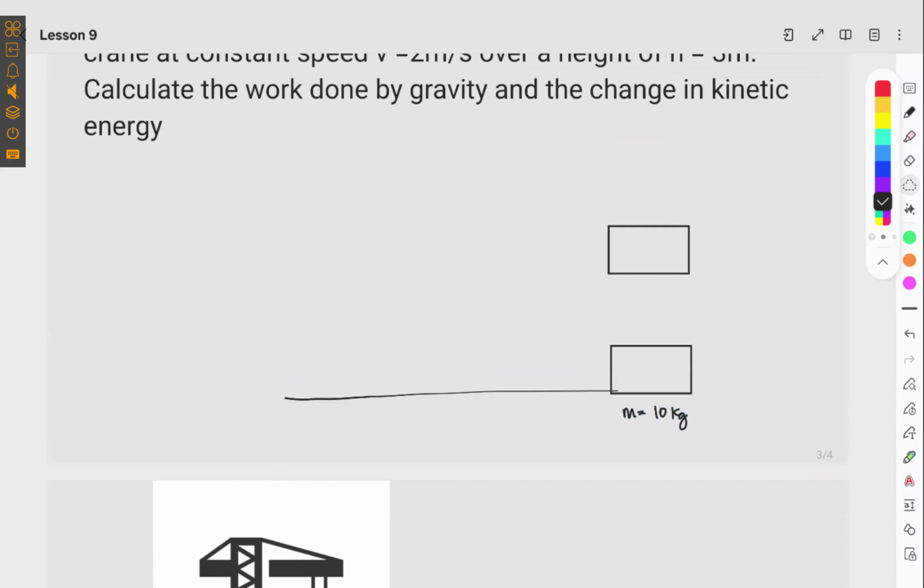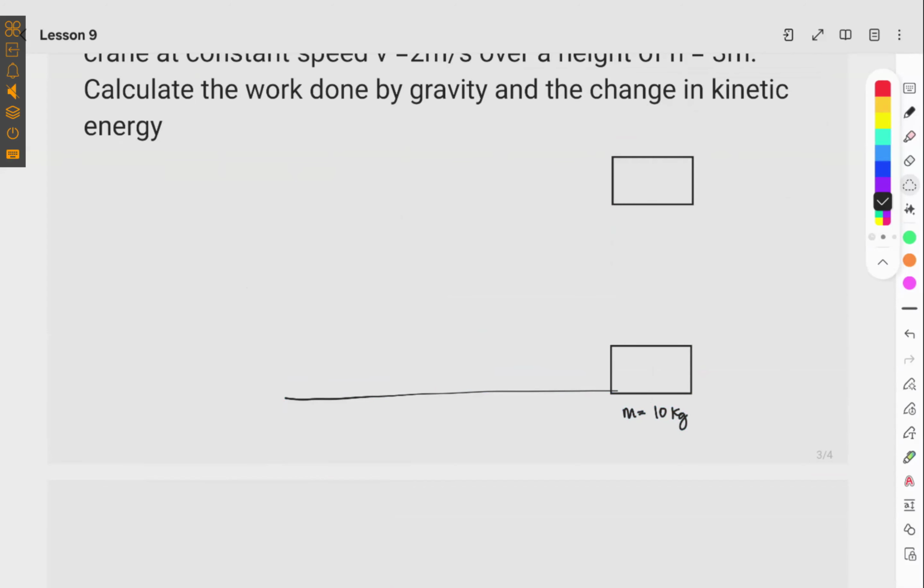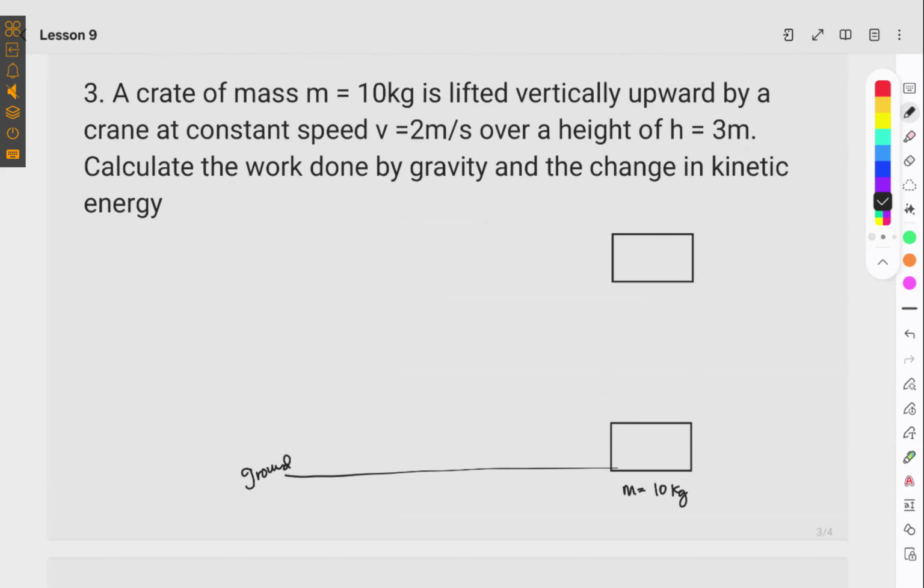So just imagine this crane over here. This is the ground, and then let's lift it up at 2 meters per second over a height of 3 meters.